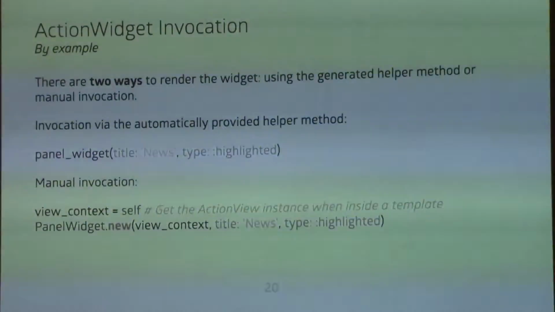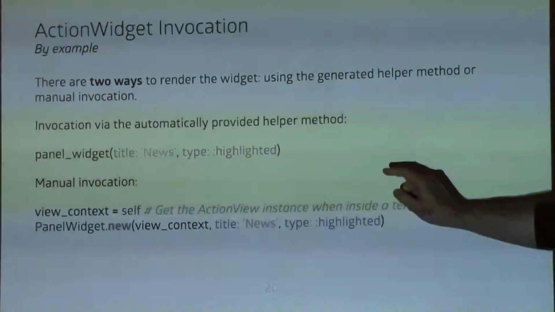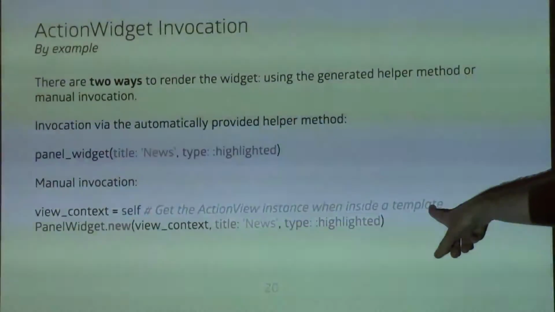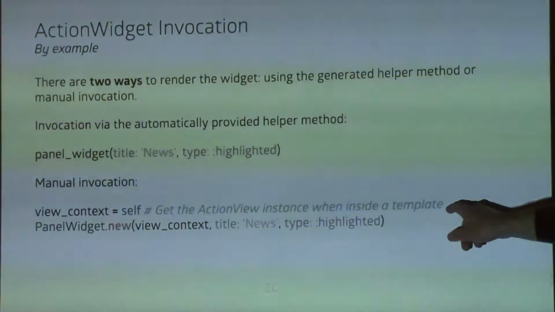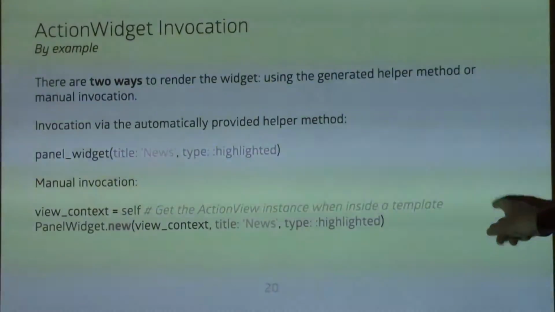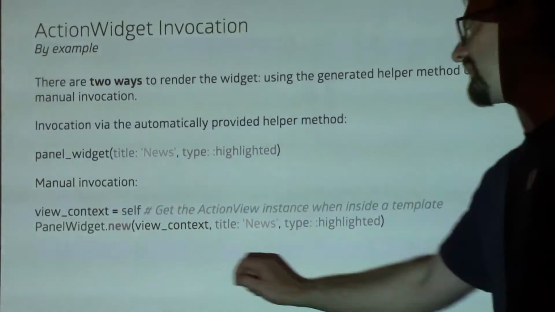You can also always manually invoke a widget and put it on the slide so you better understand what's actually going on. What this helper method essentially does, it gets hold of your current view context, which is your action view instance. And the view context in the template is always referenced by self.